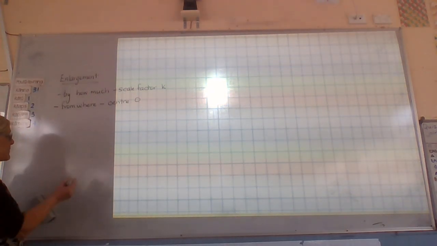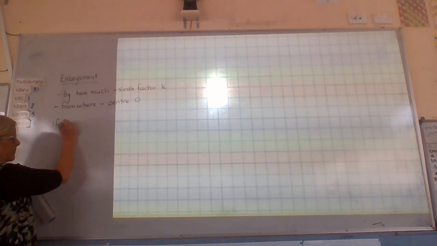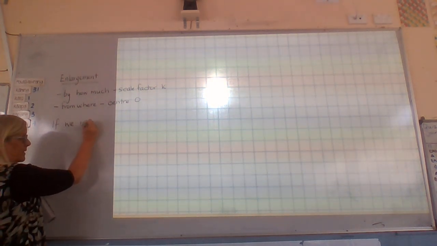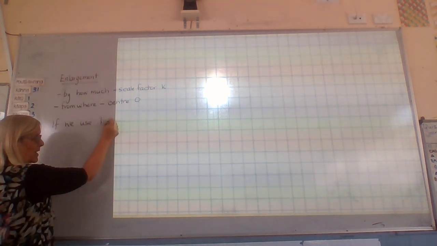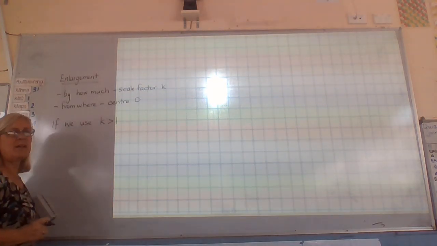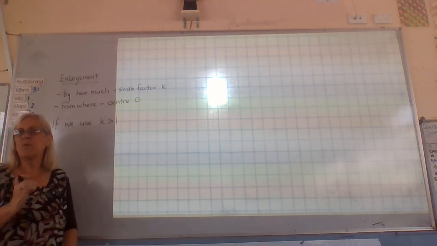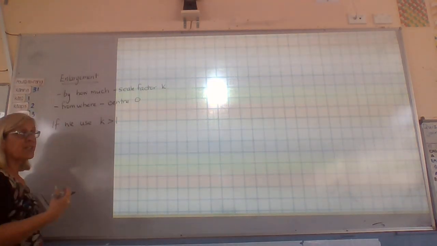What happens if we use K greater than 1, all right? Any number that is greater than 1, our shape is going to get bigger.